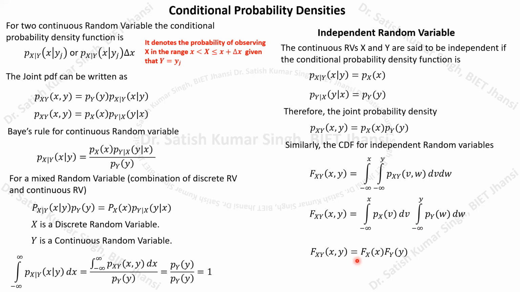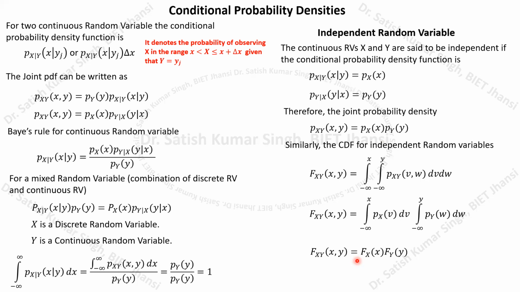Remember, there are certain examples in which you can show that variables are independent. The dependent variables, as I explained in the previous slide, are for example temperature and humidity, because the temperature and humidity of the atmosphere depend on each other, right?